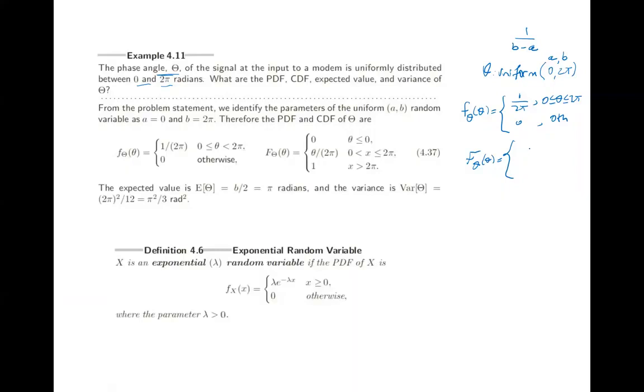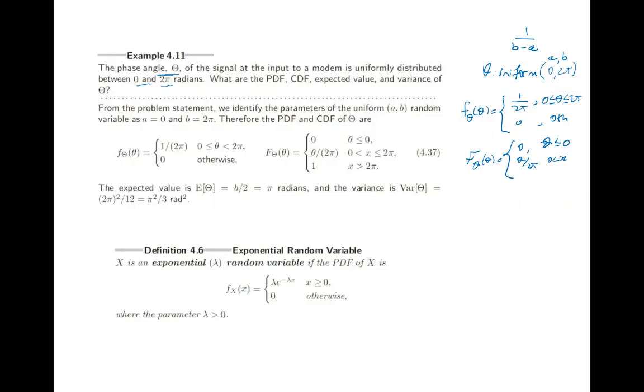Yes. Okay, good. So the CDF is 0 when theta is less than or equal to 0, and theta over 2 pi between 0 and 2 pi. Sorry, it should be theta right here.